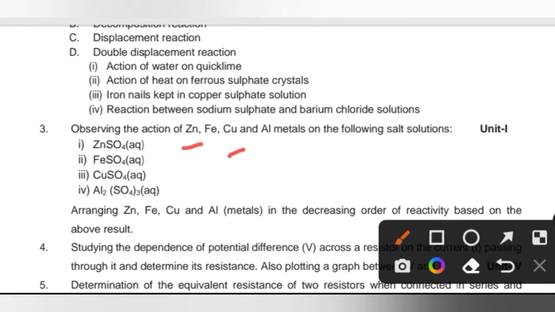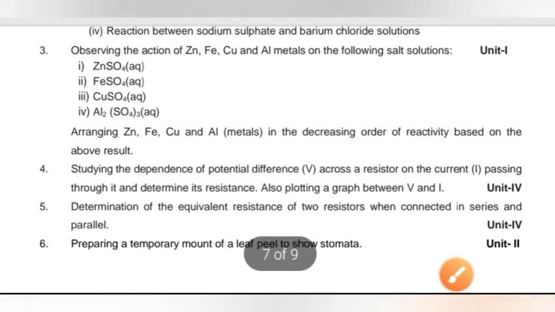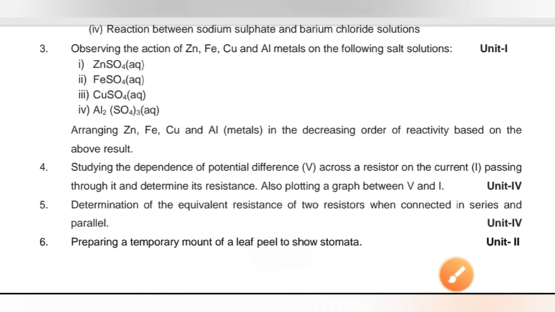Observing the action of zinc, iron, copper and aluminum metals on the following salt solutions: zinc sulfate, ferrous sulfate, copper sulfate, aluminum sulfate. Arrange the metals in decreasing order of reactivity.